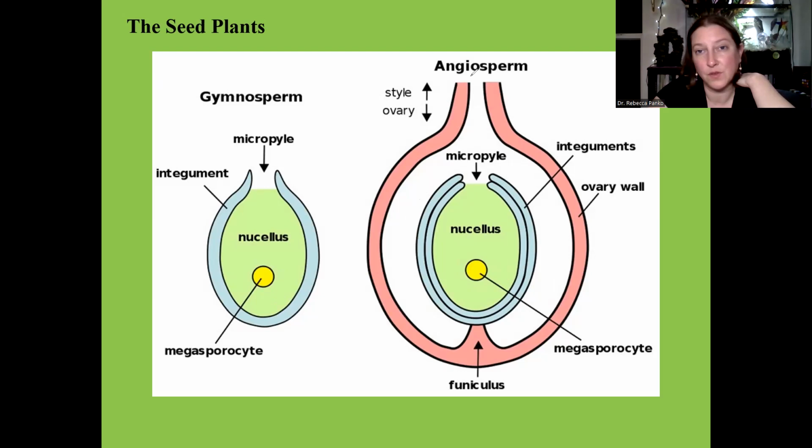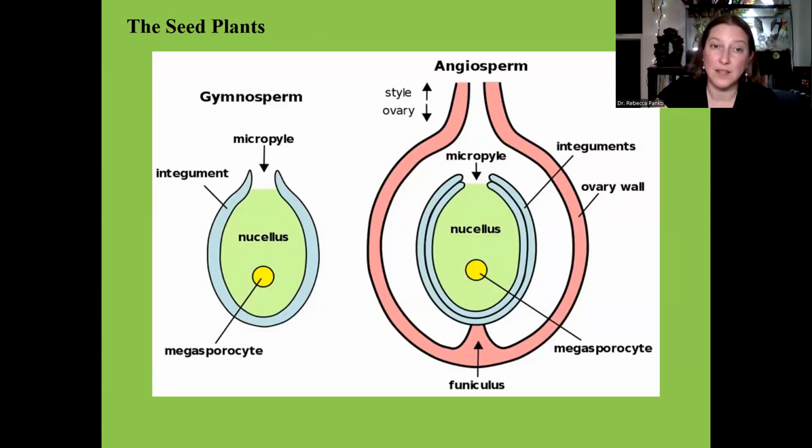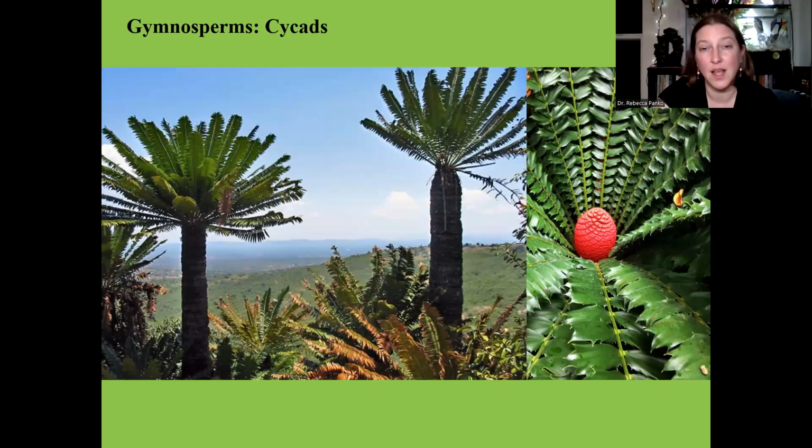Okay. So who are we going to meet next time? Next time we're going to learn about cycads, which are members of those gymnosperms. So cycads have naked ovules and naked seeds, right? So cycads will have the situation shown here on the left because they are gymnosperms. We'll talk about them next time.